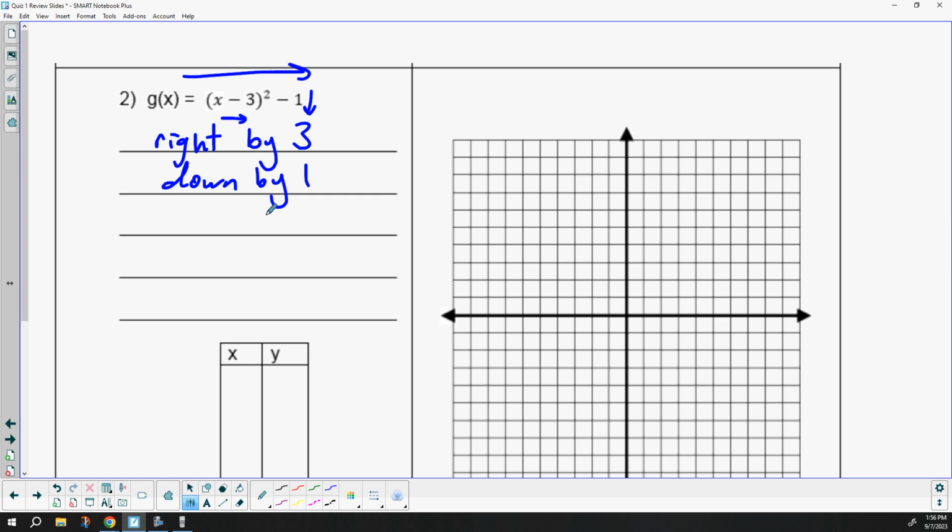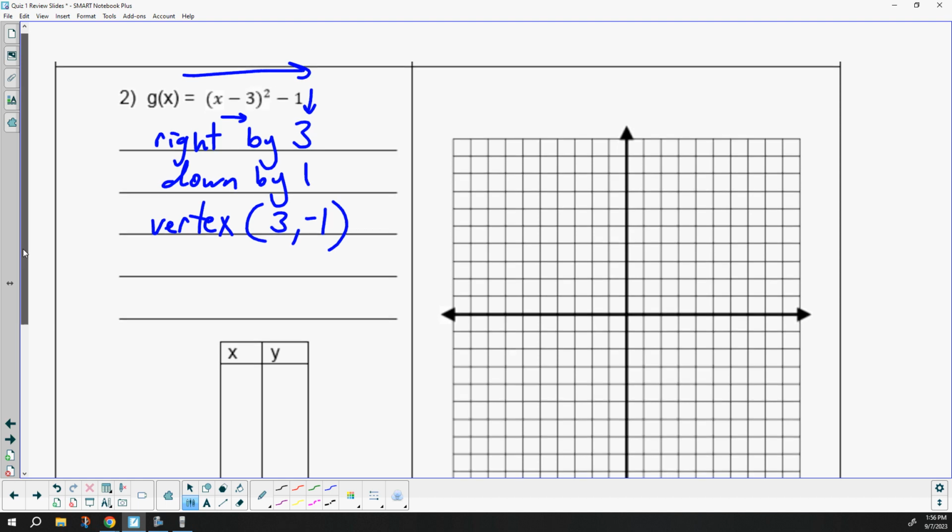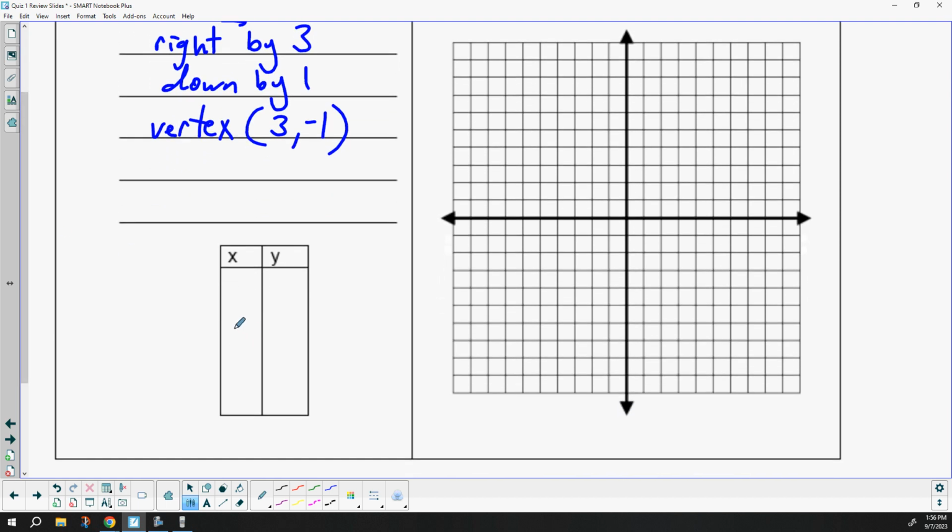Which means my vertex is a positive 3 for the x and a negative 1 for the y. Why? Because I went to the right 3 and down 1. That is going to be my vertex, so those are my middle values right here. And then again, 2 below, 2 above.